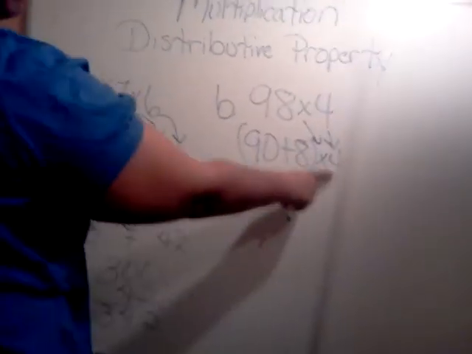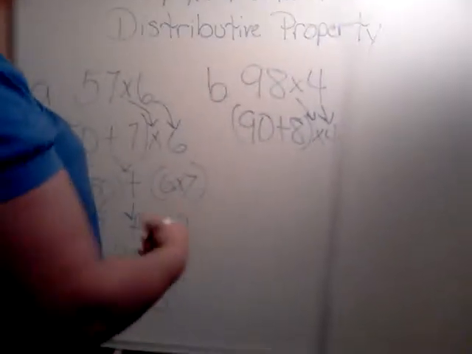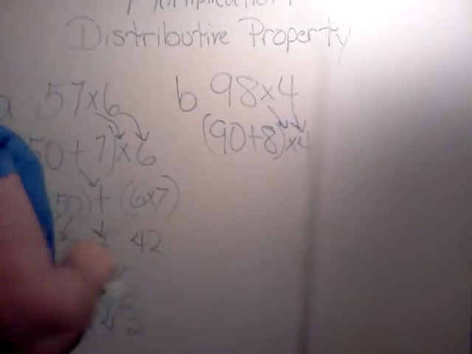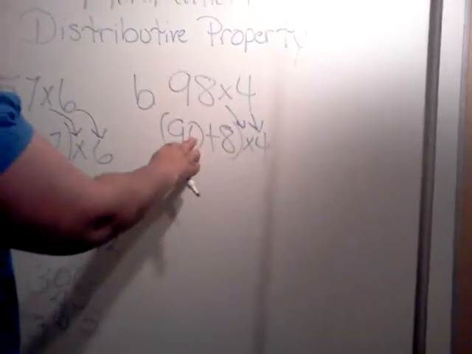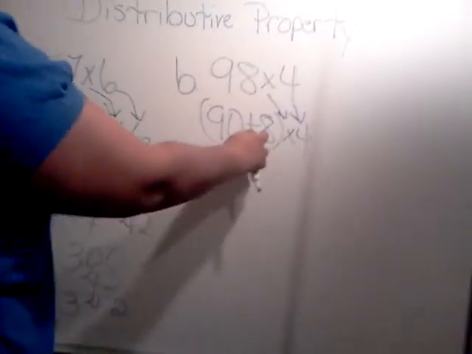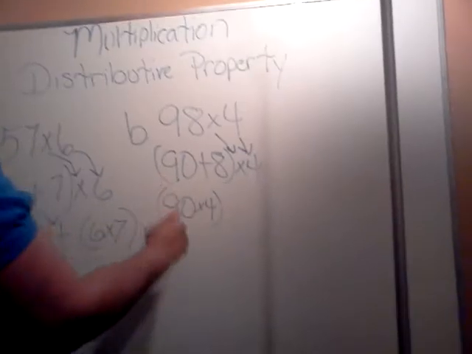Next, we're going to distribute the one-digit number. That means we're going to multiply the one-digit number on the outside by both numbers on the inside of the parentheses. So I'm going to multiply the 4 times the 90, and then multiply the 4 times the 8, giving us two problems. So 4 times 90, or 90 times 4, doesn't matter which way you write it.